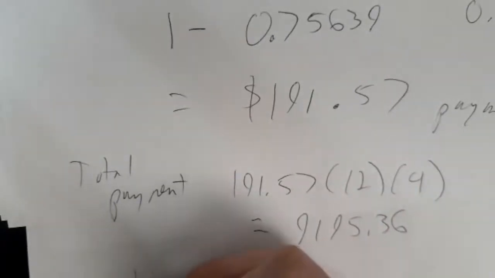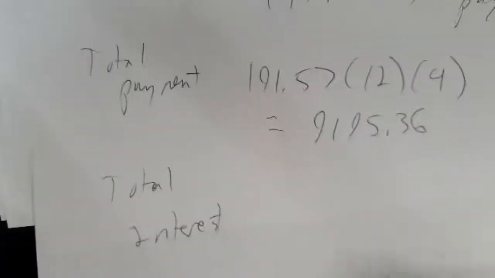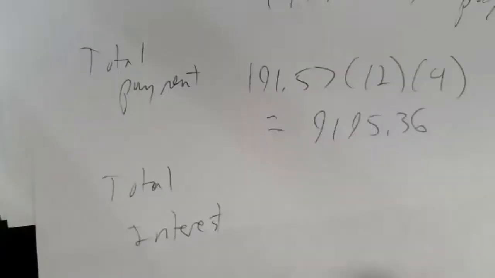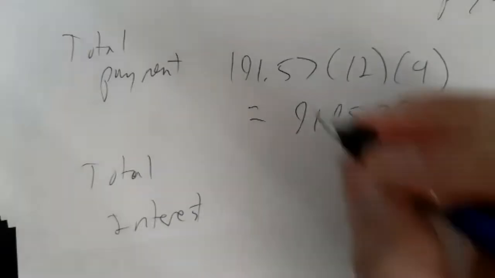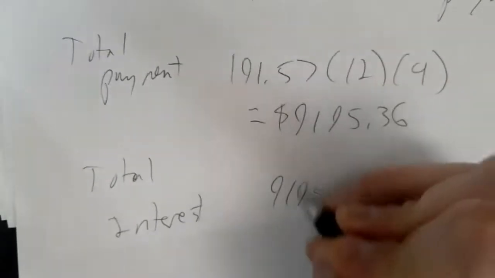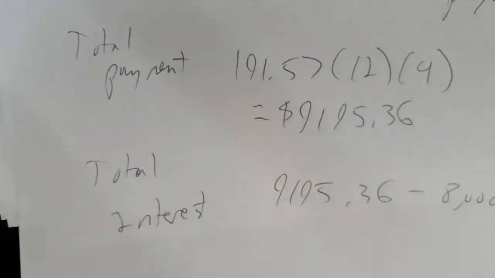So I want to know my total interest. Ooh, wrong screen. Sorry. All right, so we have total payment. We want to know what our total interest is. If this is our total payment, what we do is we take the total payment back to my principal of 8,000.